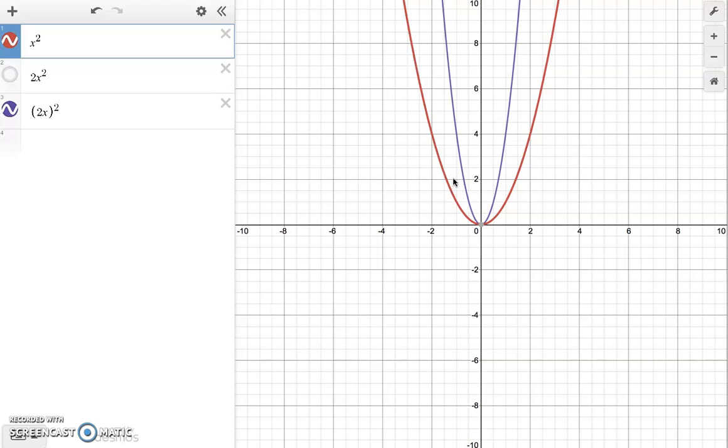But what really is happening here is that to get a value of 1, we have to put in an x value that is half of that. So -1/2. So that makes it a horizontal compression.